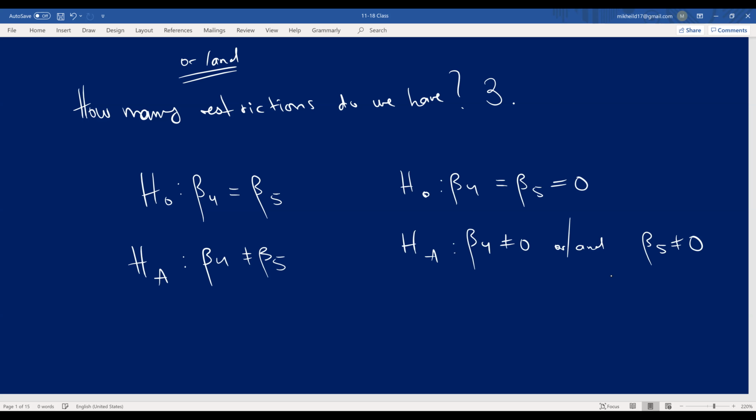So are these two equivalent, guys? No, because the first one says beta 4 equals beta 5. It doesn't tell us which value it is, so it can be any value. But on the right one, it says H0 that it's equal to 0. So that's the restriction. That's at least how I got it.